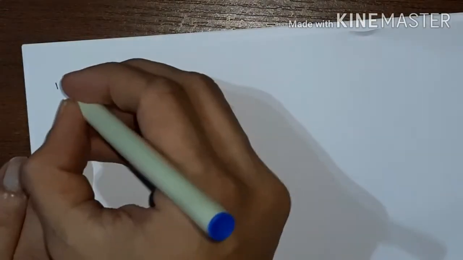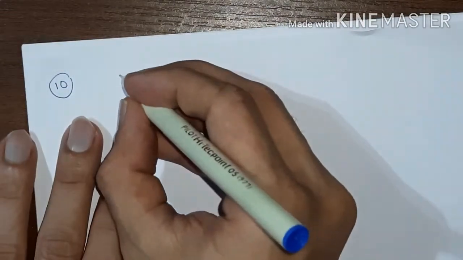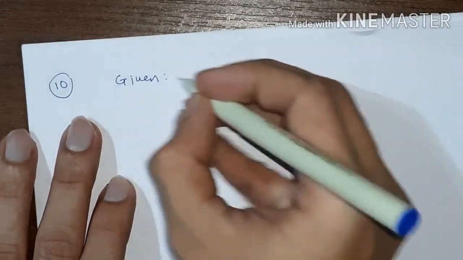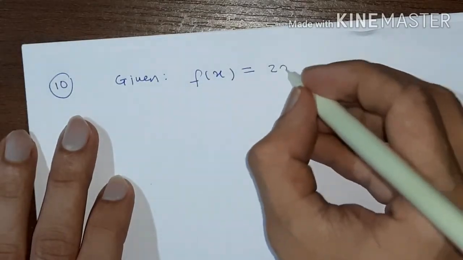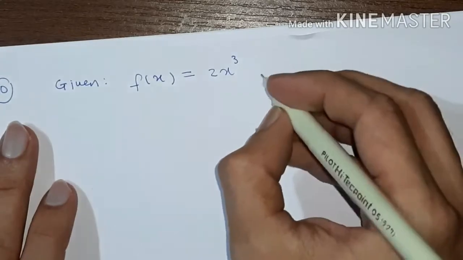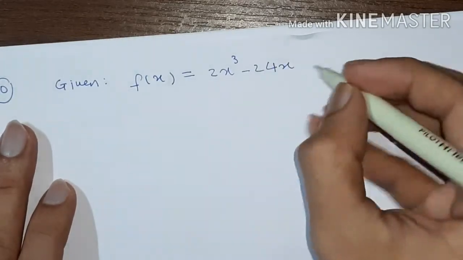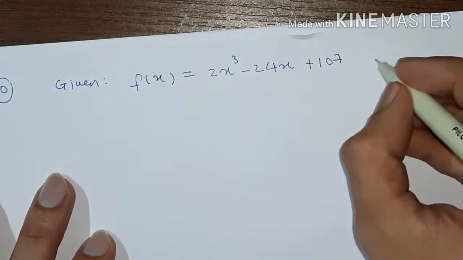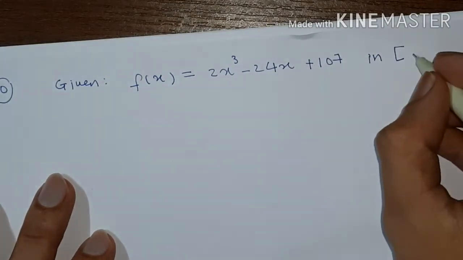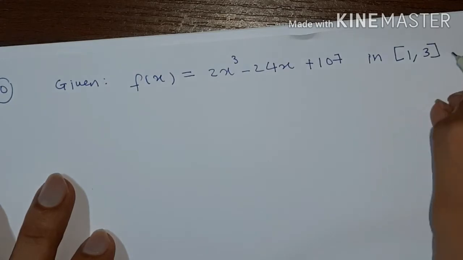So 10th, write the function which is given. f(x) equal to 2x cube minus 24x plus 107 in 1 comma 3.